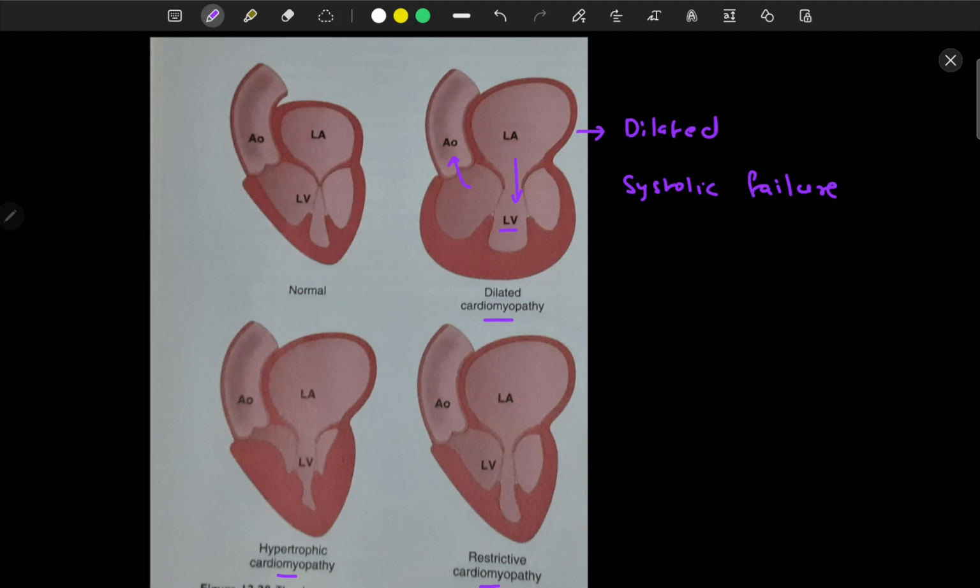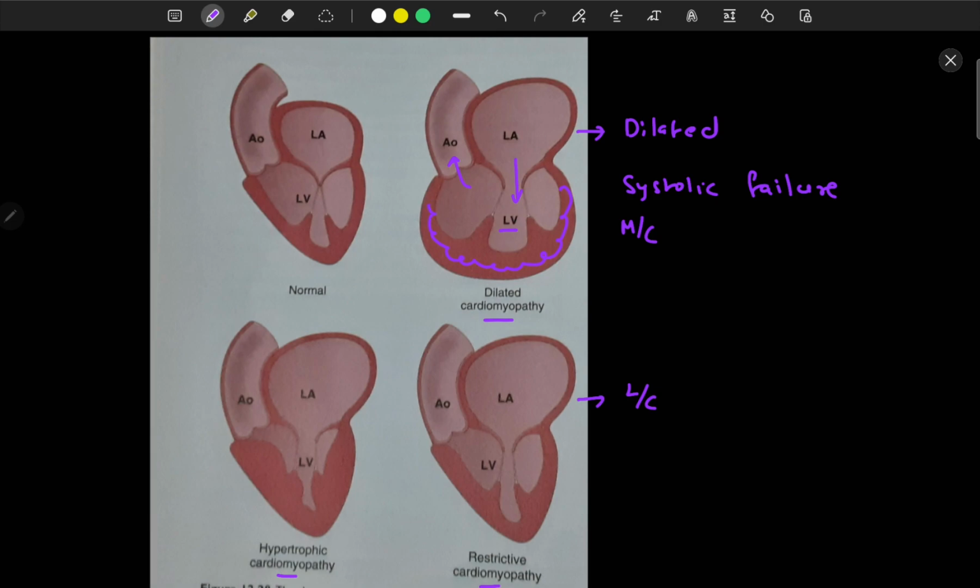This dilated cardiomyopathy is the most common cardiomyopathy that is seen, that is 90% of cases, whereas restrictive cardiomyopathy is the least common. And in dilated cardiomyopathy, you can see that it is involving throughout. That is, it is global.